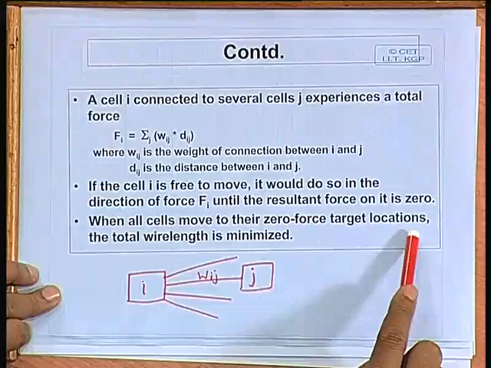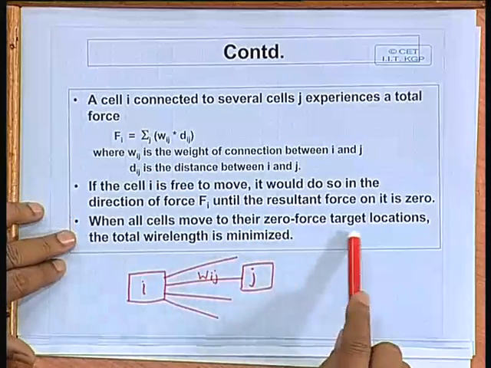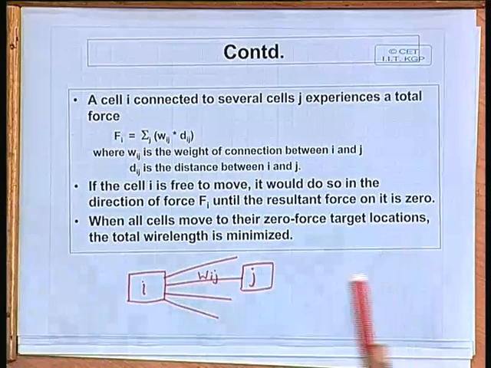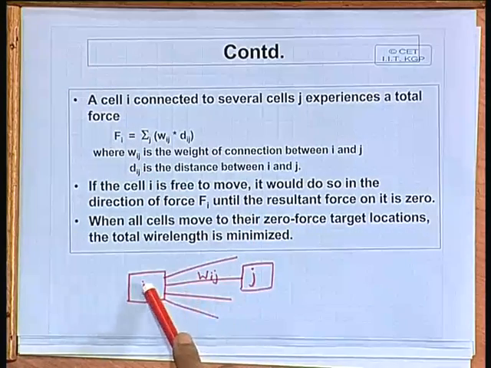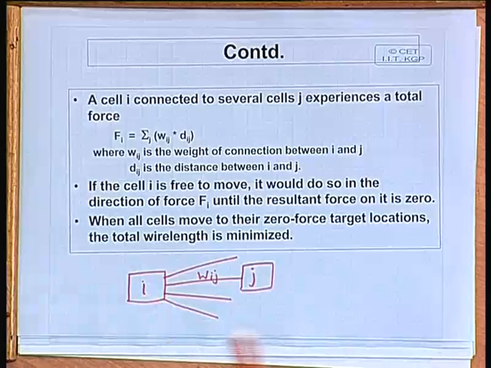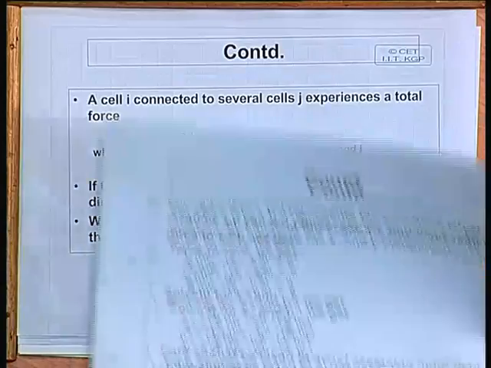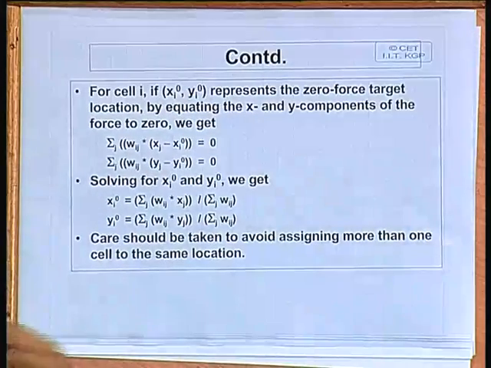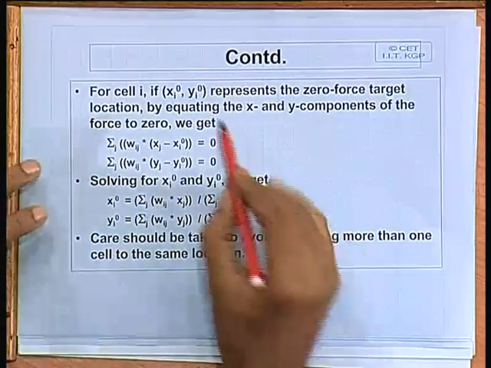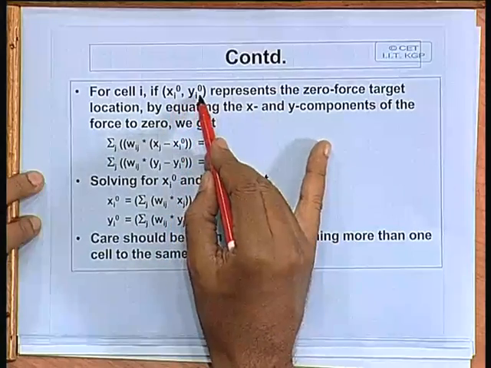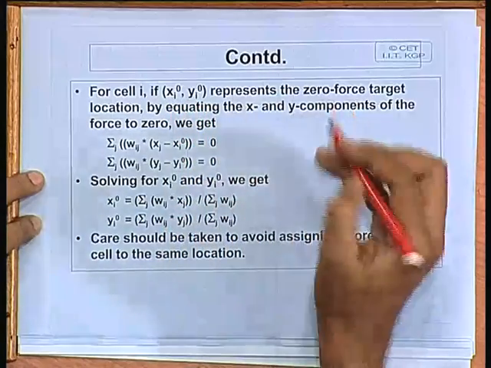And this we iterate over all the blocks, so that all of them try to move to their 0 force target locations. Okay, let us see the calculation for block number I. With respect to cell number I, suppose xi0, yi0 represents the 0 force target location.